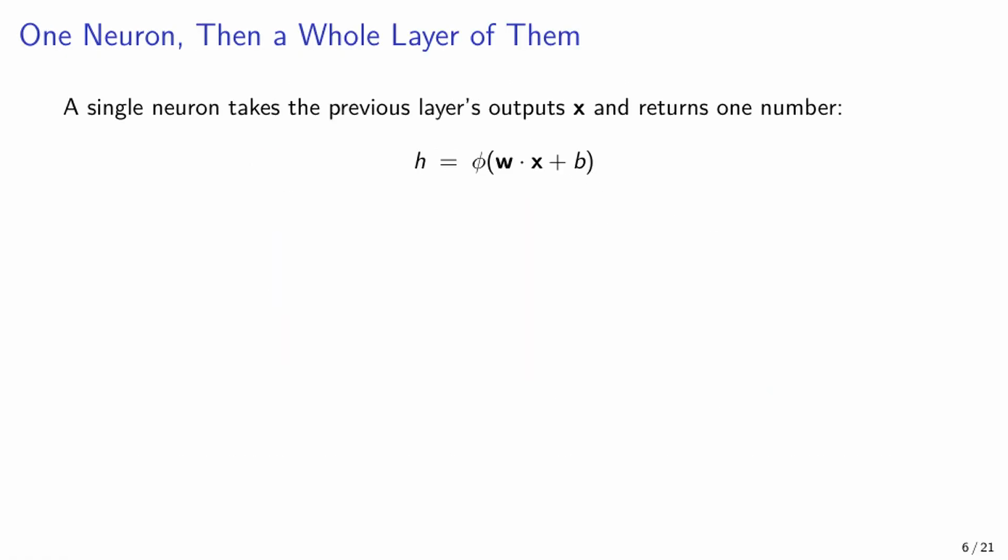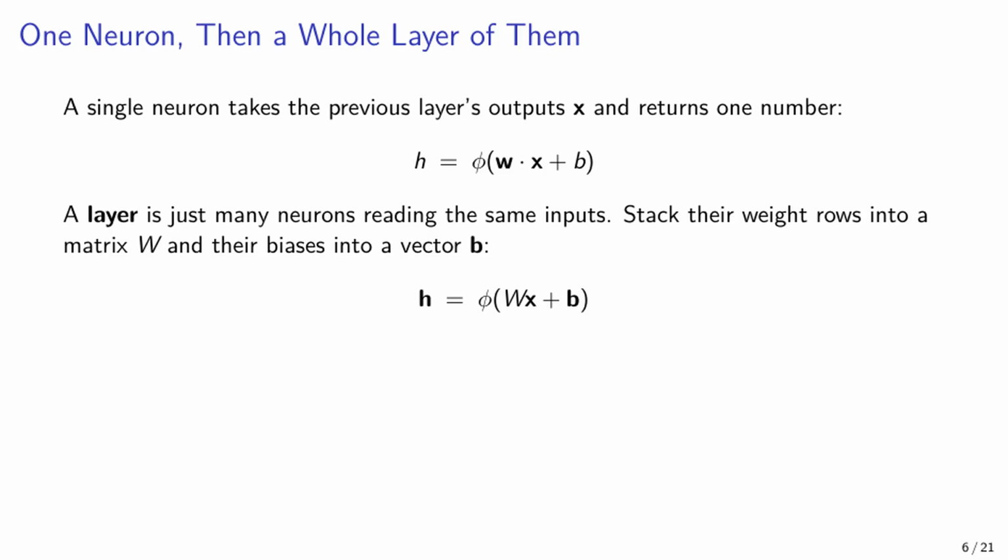Look closely at 1 layer. A single neuron takes the previous layer's outputs and returns 1 number, a weighted sum, plus a bias, passed through an activation. A layer is just many neurons reading the same inputs.